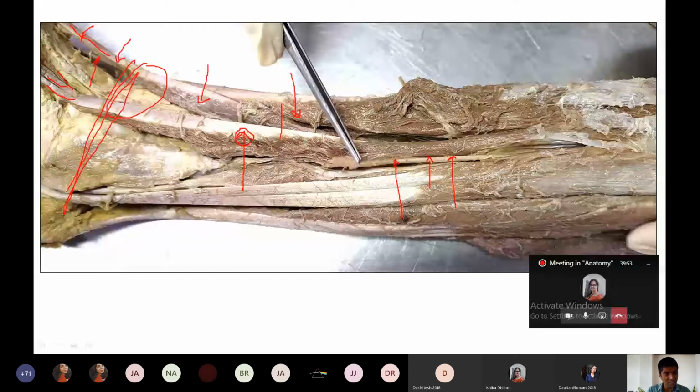Not only this, see, they are crossing some of the other foot joints, so they are also doing extension of the joints which they are crossing. At which joint? Metatarsophalangeal joint, or proximal interphalangeal joint, isn't it?